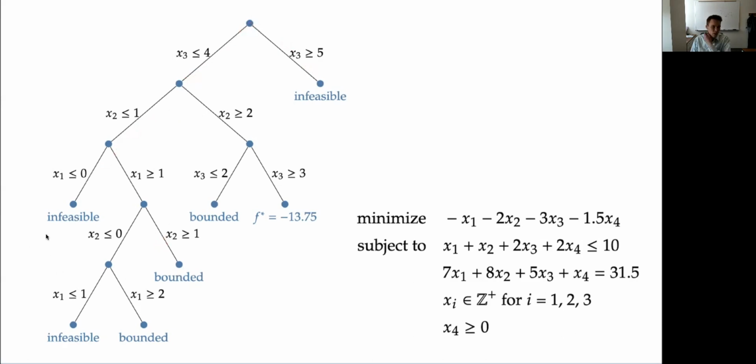You'll see, though, that one of the problems of this method is that in the binary case, as you branch, you would never visit a variable more than once, because every variable only has 2 possibilities, right? It's either 0 or 1. So once we branched on x3, you would never see x3 appear again in another branch. But here it does, right? So x3 is less than or equal to 4, but then we also see, well, maybe x3 is less than or equal to 2.